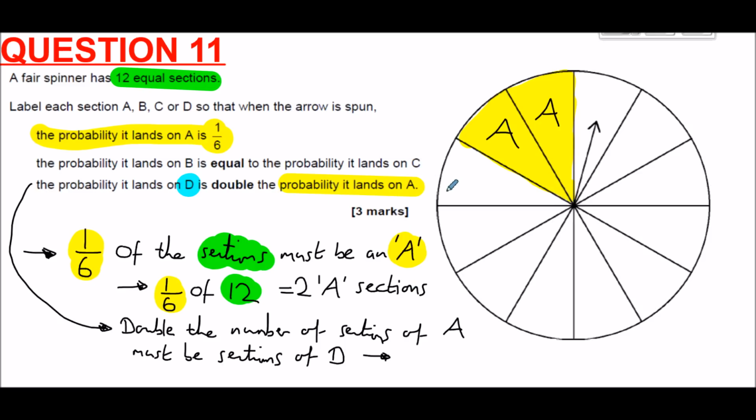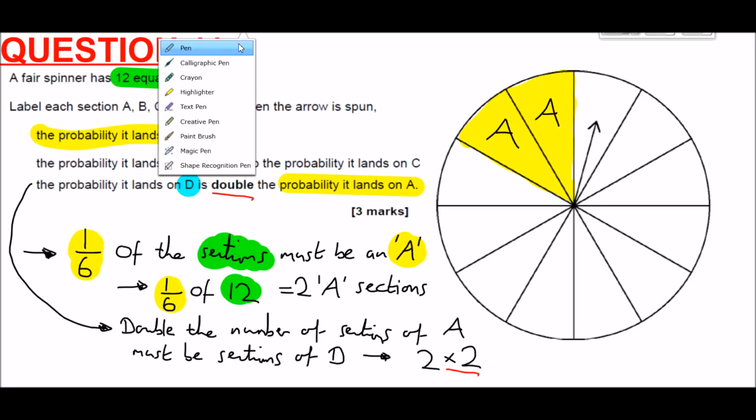So how many sections of A were there? There was 2. We're going to multiply that by 2, because that's what double means. And what we'd get here is 4.